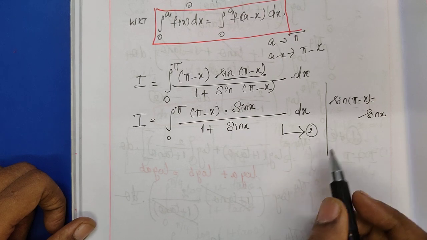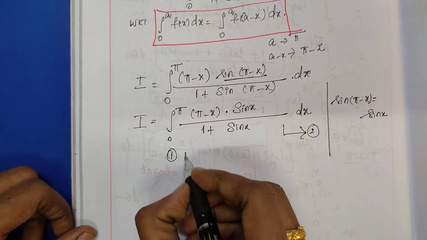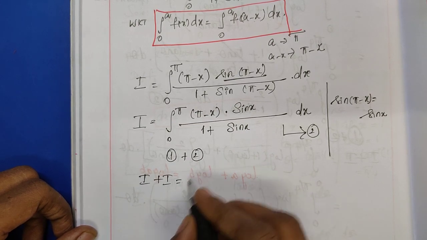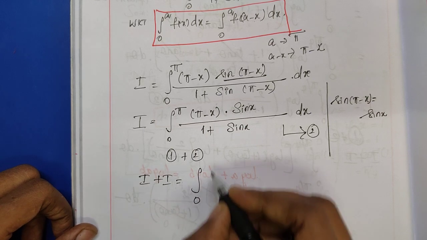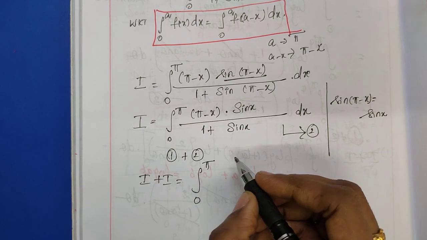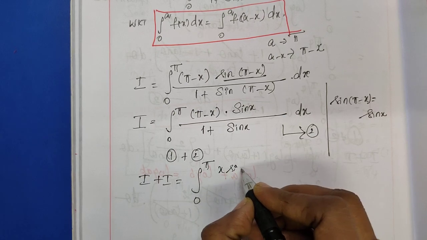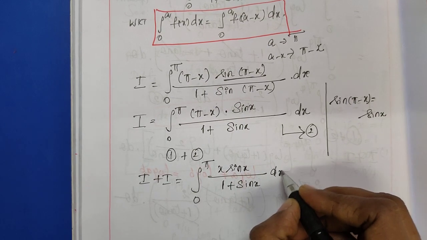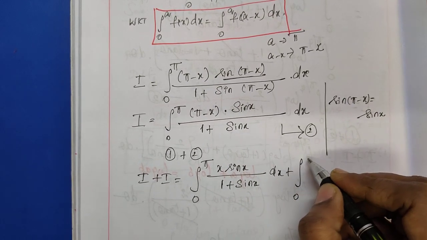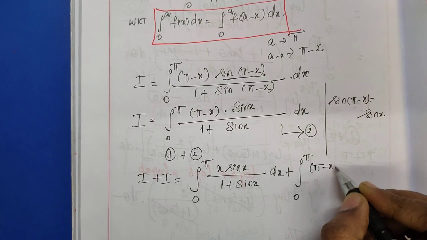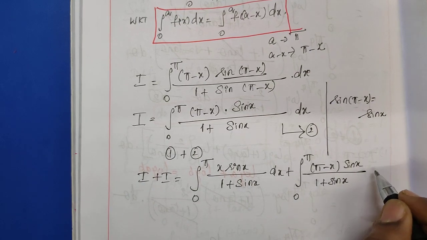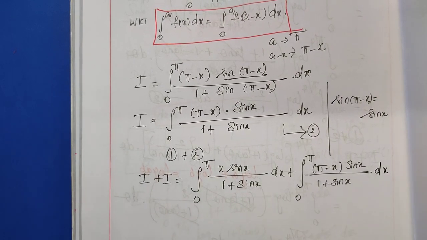Now, adding 1 and 2. On the left side, I plus I. That is equal to the right-hand side: the first term is the integral from 0 to pi of x sin x divided by 1 plus sin x dx, plus the integral from 0 to pi of pi minus x times sin x divided by 1 plus sin x dx.